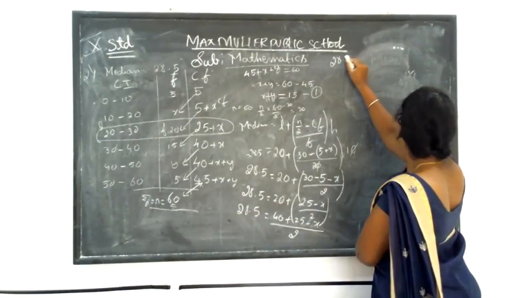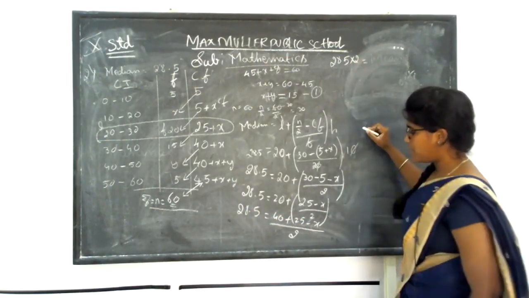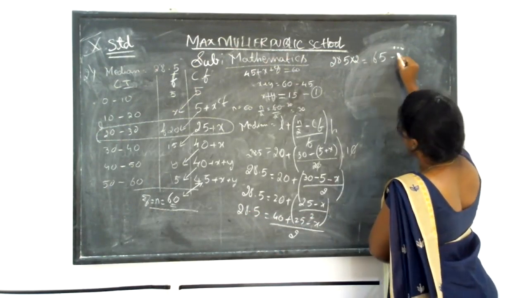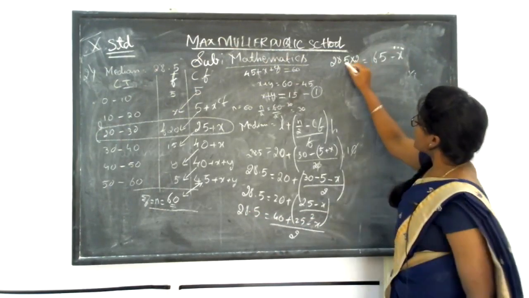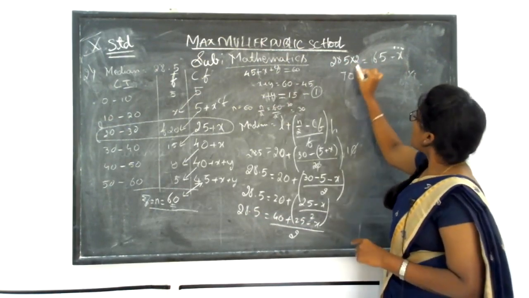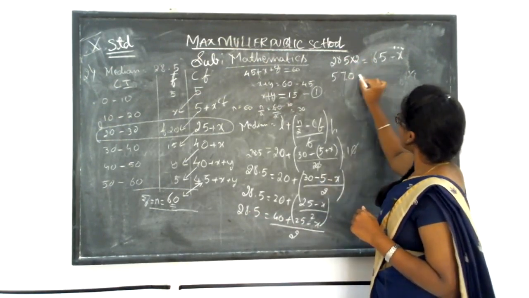So 28.5 into 2 is equal to 40 plus 25, which is 65, minus x. Correct? So 2 5s are 10, 1 carry, 2 8s are 16, 16 plus 1 is 17, and 2 2s are 4 plus 1 is 5, after the decimal point.